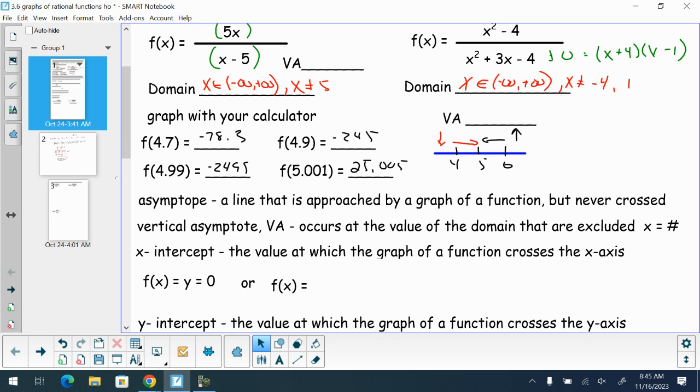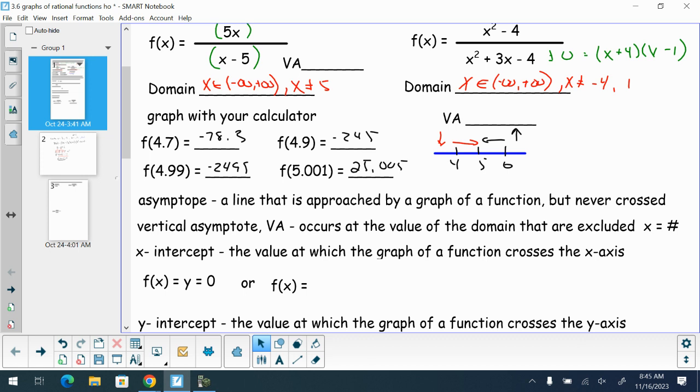We have a vertical asymptote, which means it's going straight up and down. Vertical asymptotes occur at the values of the domain that are excluded.